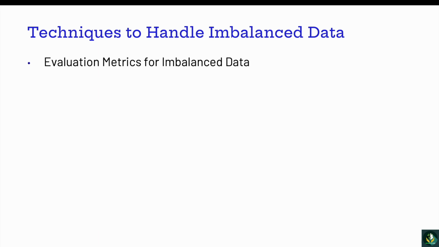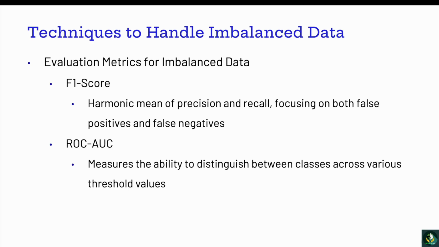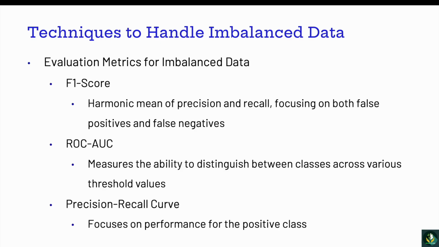Next, let's talk about evaluation metrics for imbalanced data. We have the F1 score, the harmonic mean of precision and recall, focusing on both false positives and false negatives. ROC-AUC measures the ability to distinguish between classes across various threshold values. And we have the precision-recall curve, which focuses on performance for the positive class.